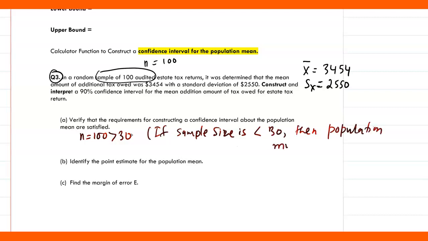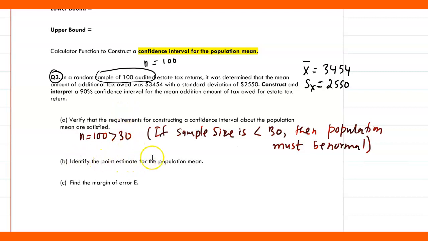But here we don't know if the population is normal, therefore we must have sample size greater than 30. In this case, the requirement is satisfied. Make sense?